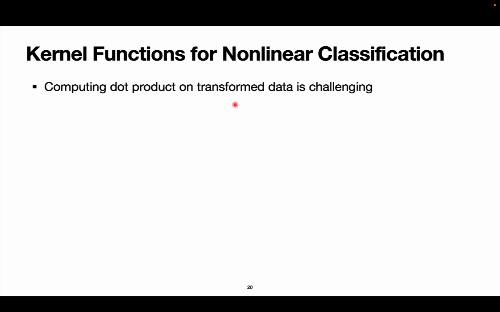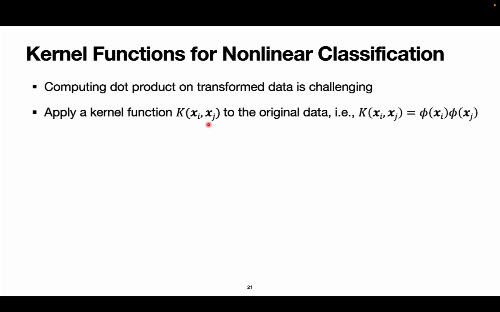In practice, we can't keep manually figuring out what that mapping should be for each problem. It quickly becomes messy and impractical. To address this problem in SVMs, notice how the algorithm only relies on inner products between transformed data points, which we can get from a kernel function.